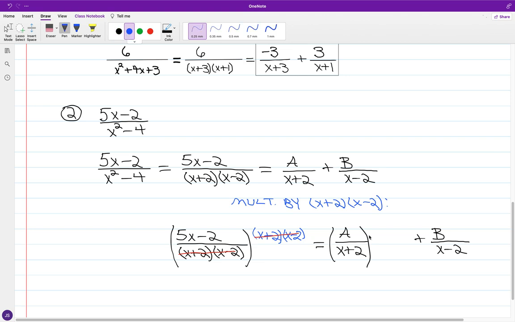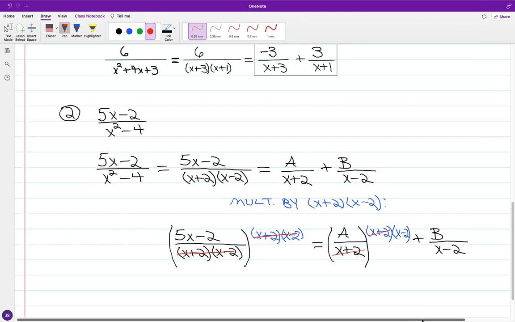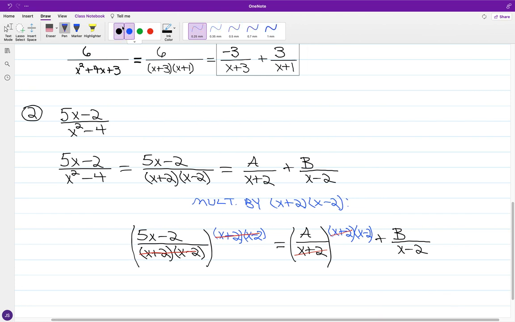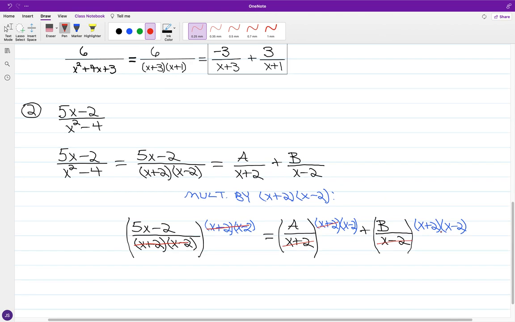So for a over x plus 2, once again multiplying by the factors, now we'll have x plus 2 eliminated, and a is going to be distributed all over the quantity of x minus 2, and for b, it'll be the other way around. So I have x minus 2 to go out.